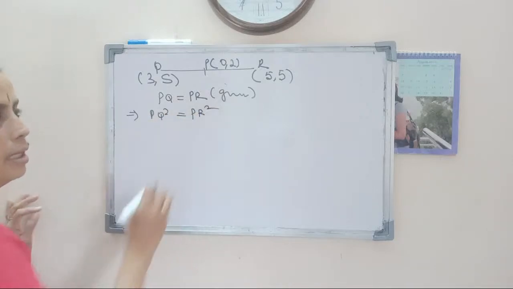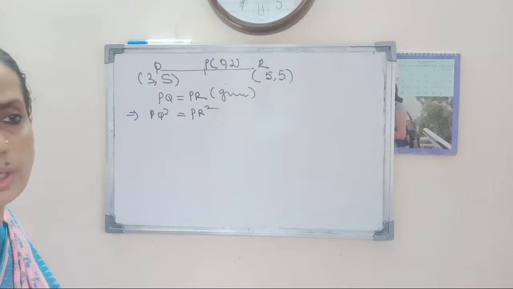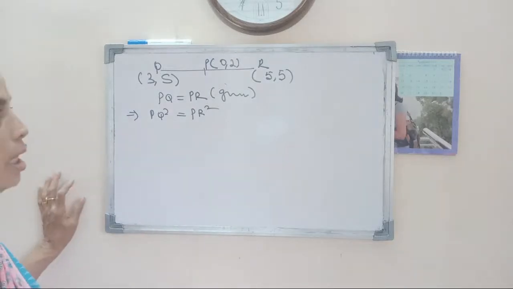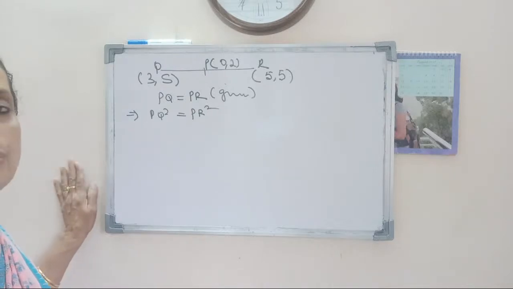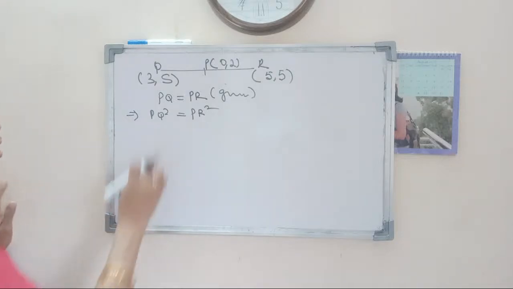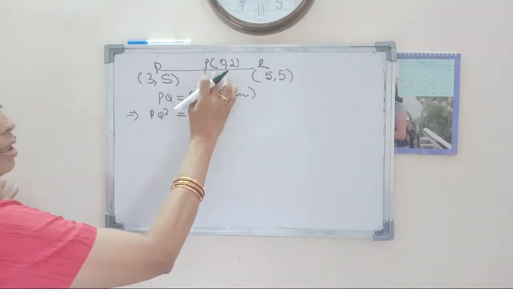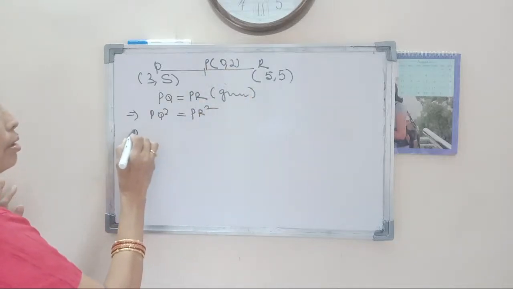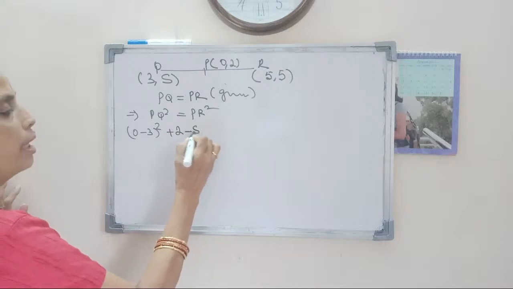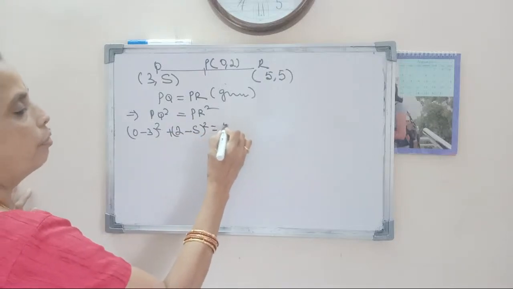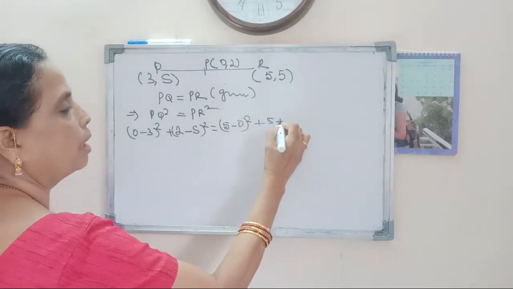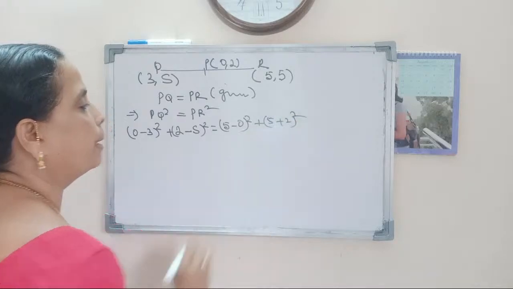Such types of questions we have answered in the previous class only. We have PQ square equals PR square, so without using the square root we can apply the distance formula: (x1, y1), (x2, y2). (0 minus 3) whole square, (2 minus s) whole square, equals (5 minus 0) whole square, (5 plus 2) whole square.